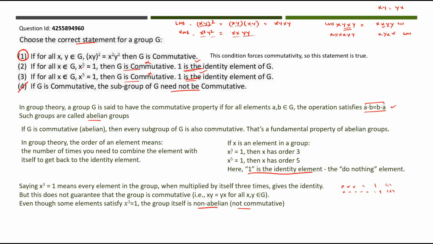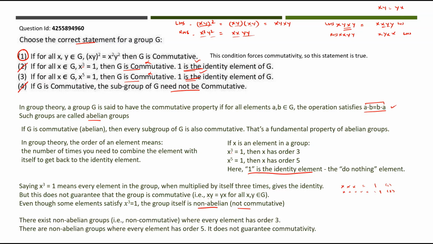So from this we can say option 2 is wrong. There exist non-abelian groups, that is non-commutative groups, where every element has order 3. Similarly, there are non-abelian groups where every element has order 5. It does not guarantee commutativity, and so this particular option is also wrong.